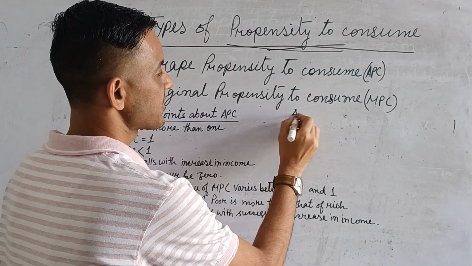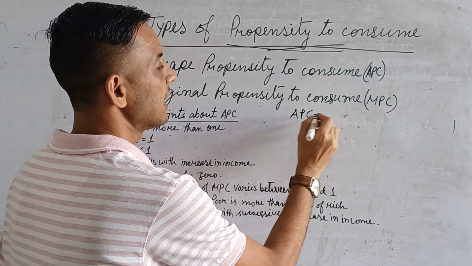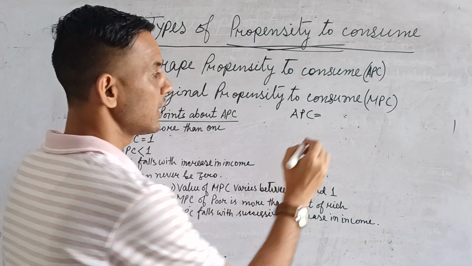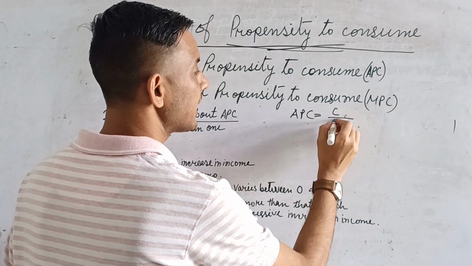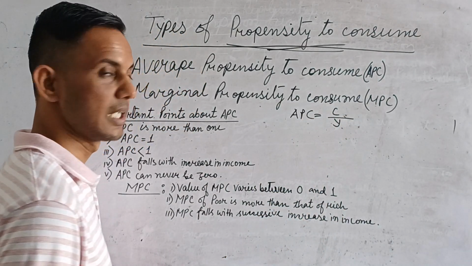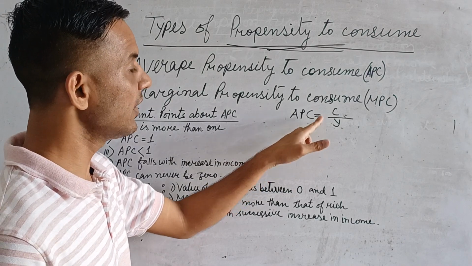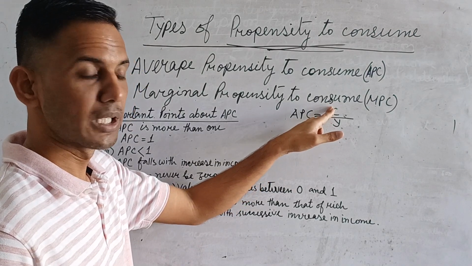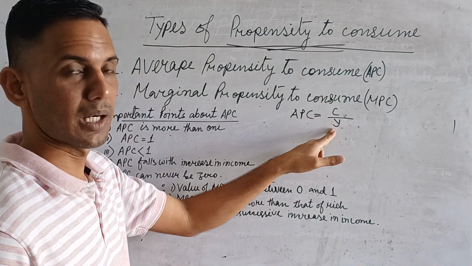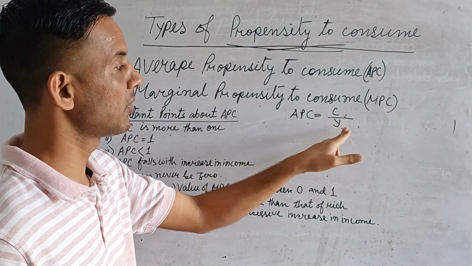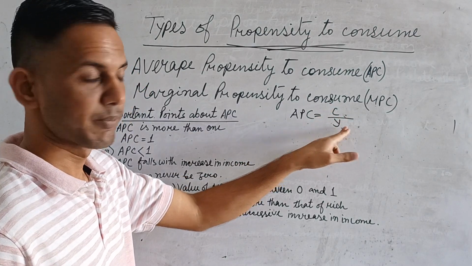What is APC? APC means the ratio between consumption and income. Clear? APC is the ratio between consumption and income. C for consumption, Y for income.